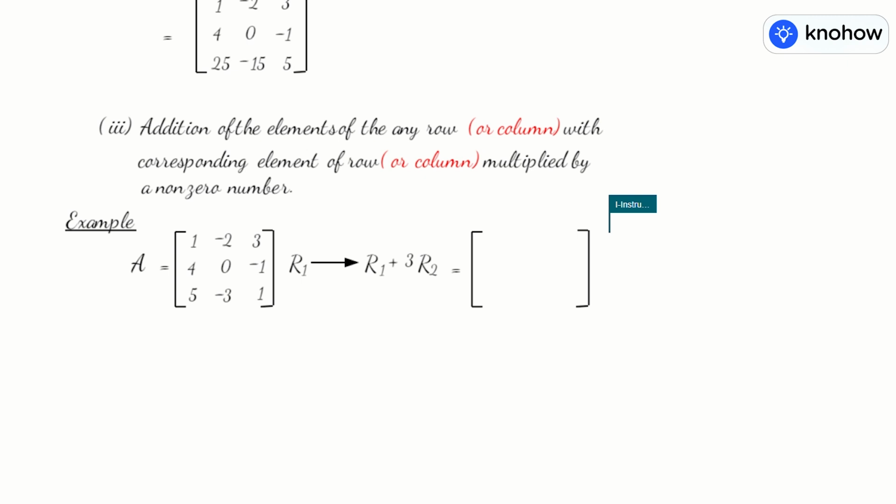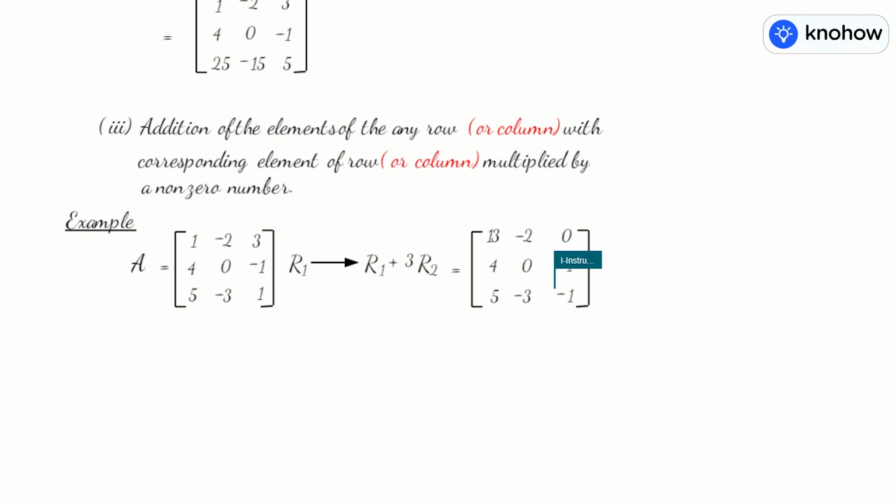That is 4 times 3 is 12, plus 1 makes it 13, and 0 of course multiplied by 3 doesn't matter, so it will remain negative 2, and negative 1 multiplied by 3 makes it negative 3, added to 3 makes it 0. And of course the rest two rows remain the same, 4, 0, negative 1, and 5, negative 3, 1.